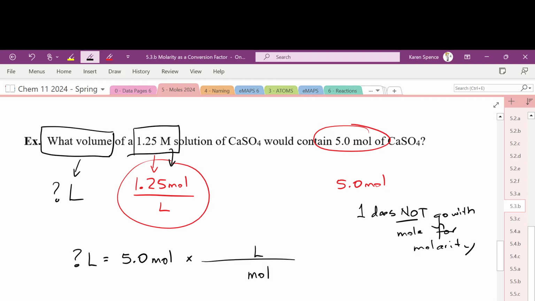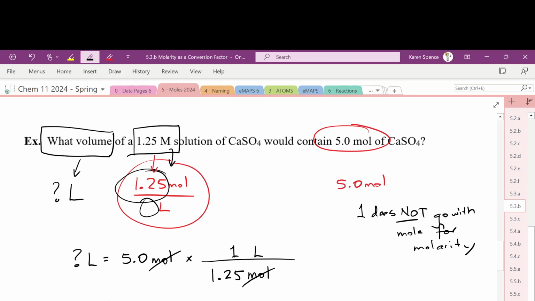So what number is in front of the mole? It is 1.25, and there's nothing in front of the liters, which means that is the number 1. So we have 5 divided by 1.25 is 4. The moles cancel out, and we are left with liters.